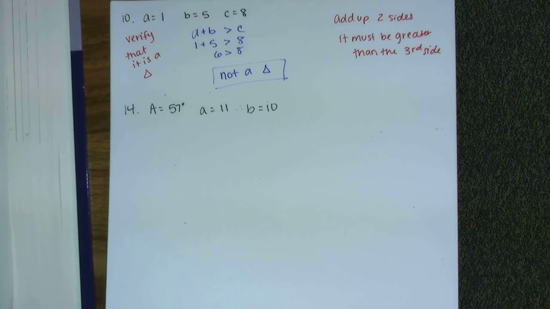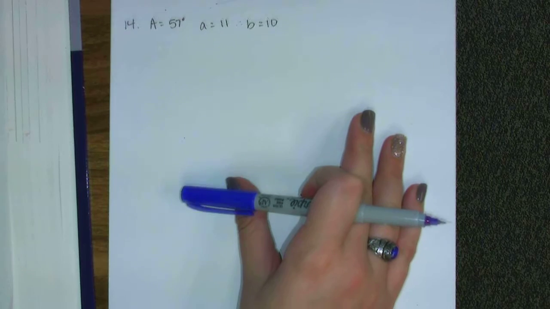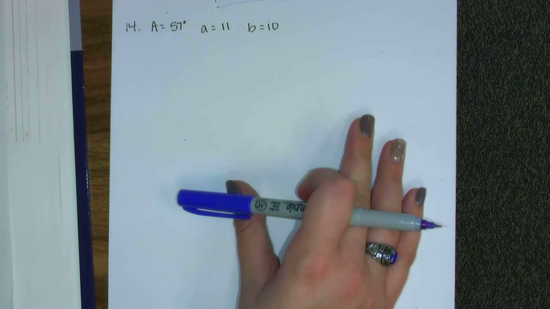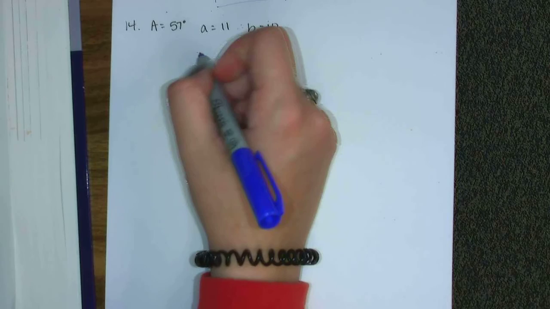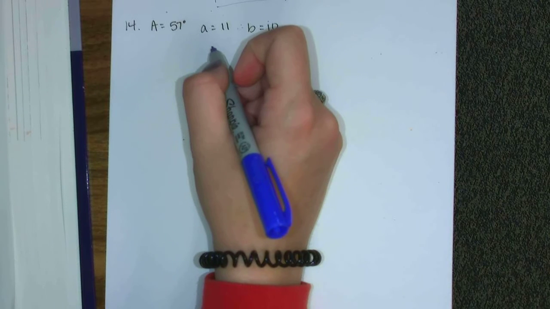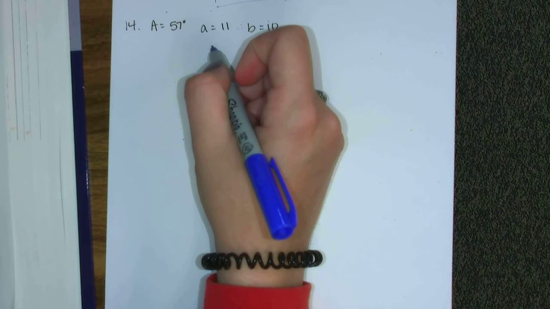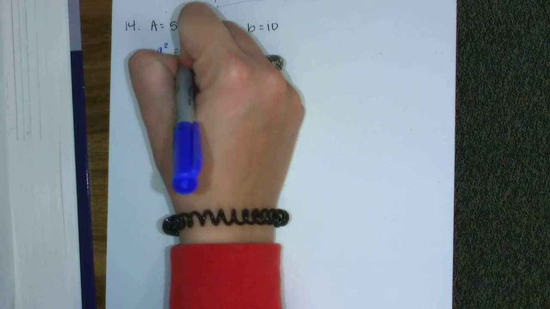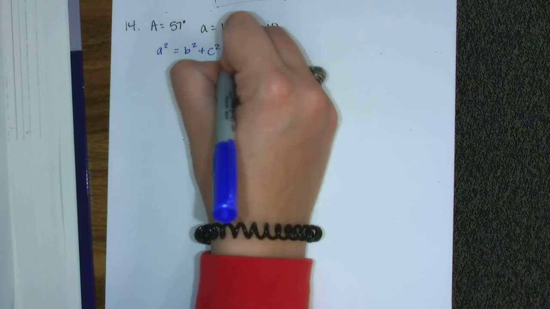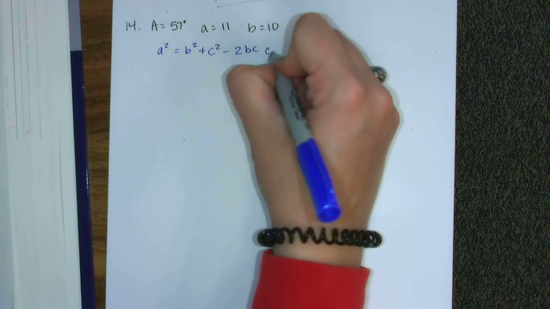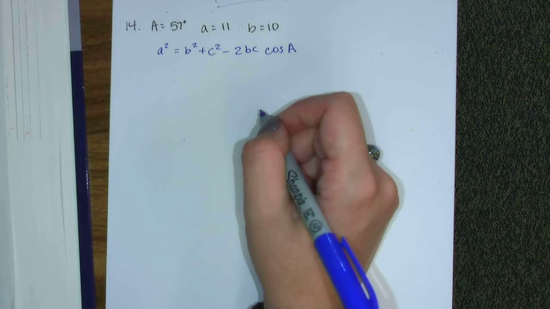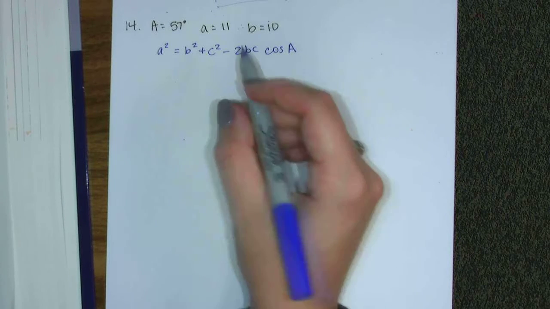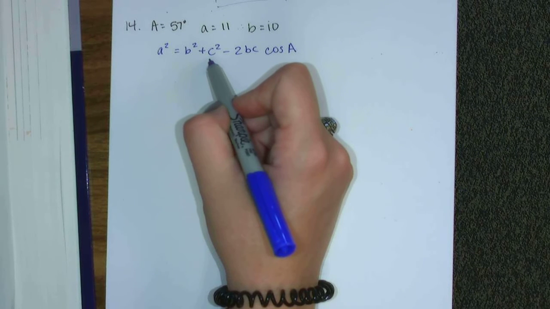So in this case here, I'm doing the law of cosines. Ultimately I need C, but I don't know what the angle of C is. Because I know angle A, I'm going to go with the first option. I'm going with A squared is equal to B squared plus C squared minus 2BC cosine of A. Just debating if this is the best option with this one.